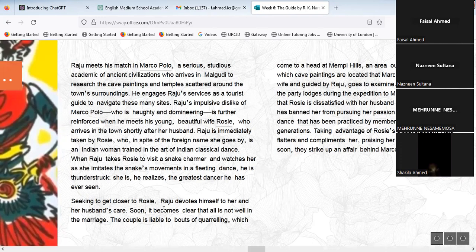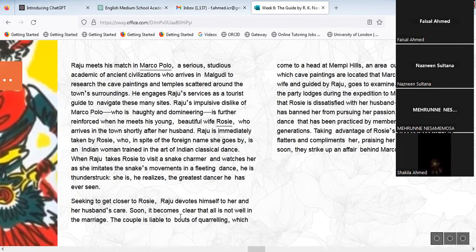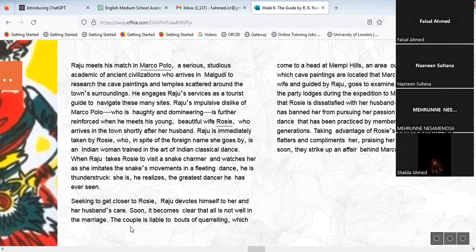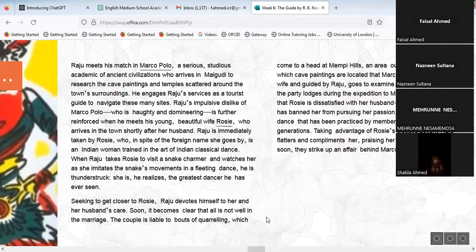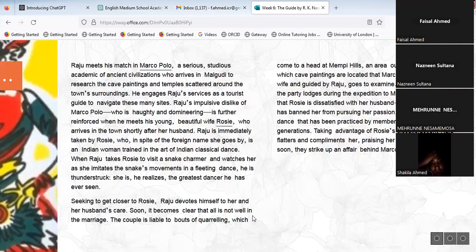Seeking to get closer to Rosie, Raju endeared himself to her and her husband's cares. Soon it becomes clear that all is not well in the marriage. The couple is liable to bouts of quarreling. So marriage is not always good; sometimes it turns into a bad situation.